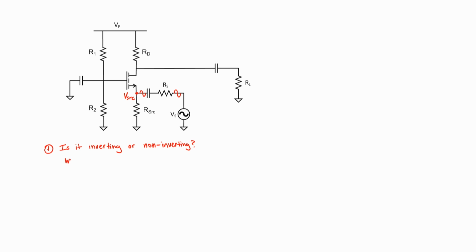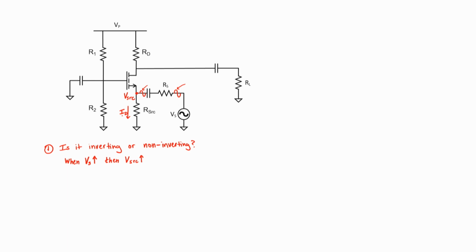Let's consider what happens when the signal voltage increases. I'm talking now about this part of the curve and this part of the curve. Well, if the signal goes up, then I expect the source voltage to go up too. That should cause the current going through this resistor, I sub D, to increase as well.